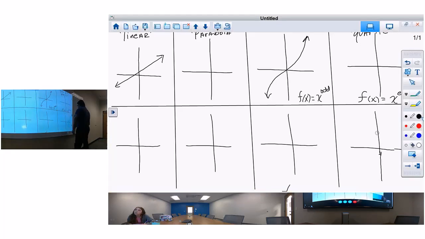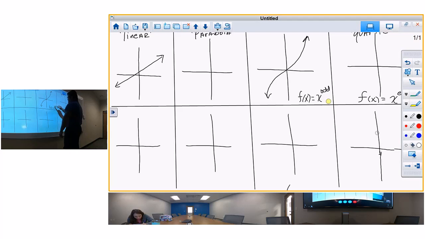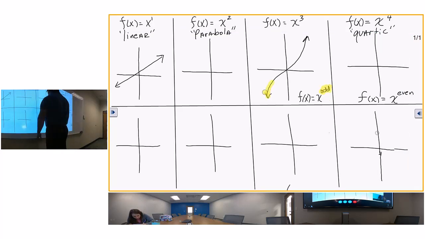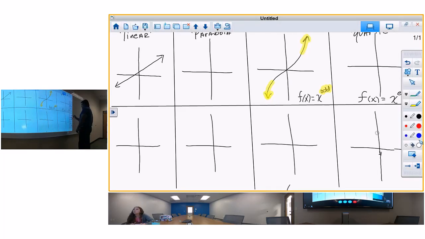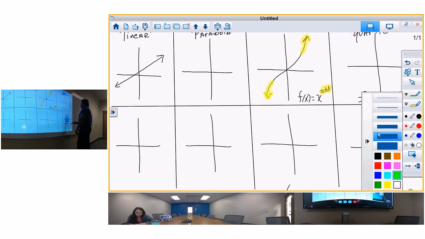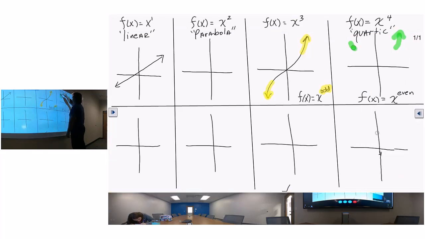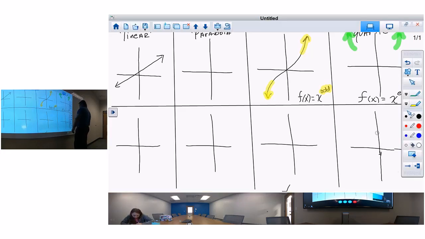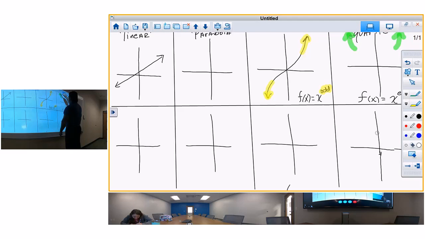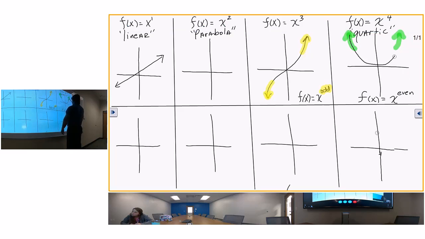Now that plays into the part, take a highlighter, and when it's odd, you're going to have this kind of ending behavior. When it's even, you're going to have what kind of ending behavior? You're going to have this kind of ending behavior, meaning it's a parabola. But the higher your exponent, the more squared off the bottom is going to be.